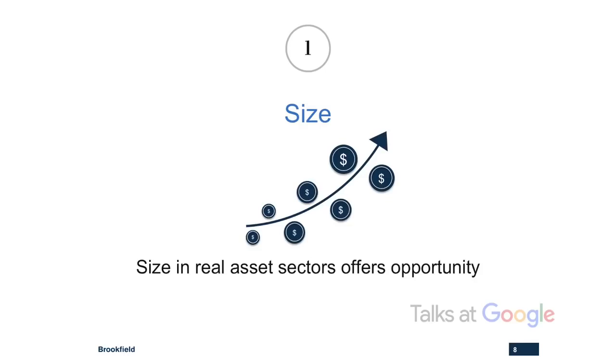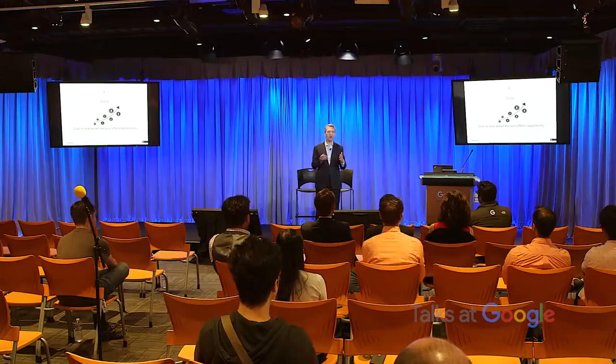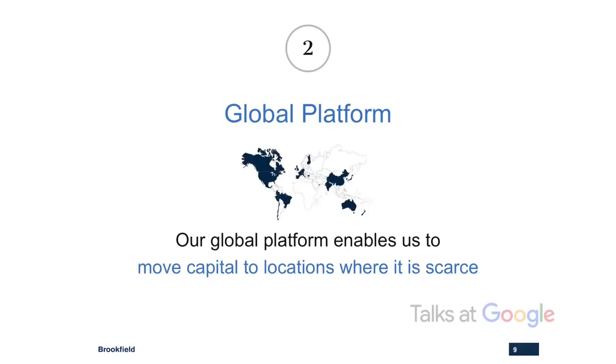Today, given the size of the organization and the size of capital that we have to put to work, there are often only 1 or 2 other people in the world that someone can bring a transaction to. That gives us a competitive advantage. And if we can use the other advantages we have, it differentiates our money versus others.